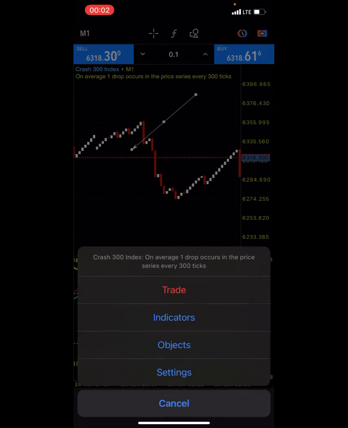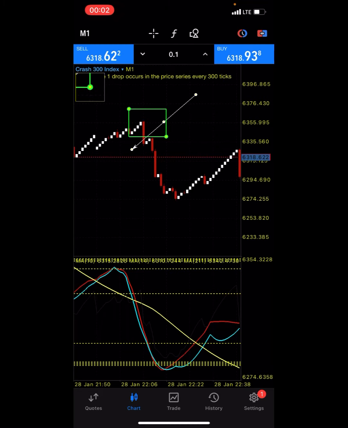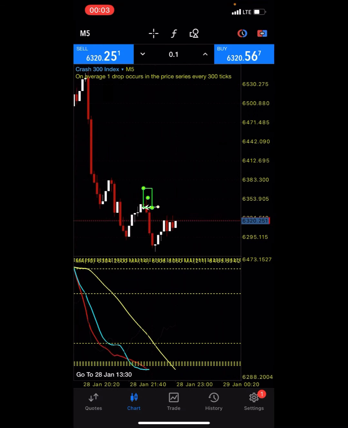I'll just bring out a rectangle, and let's say we took entry around the zone. For you to be able to know where to set your take profit, you want to go over to the 5 minutes time frame.